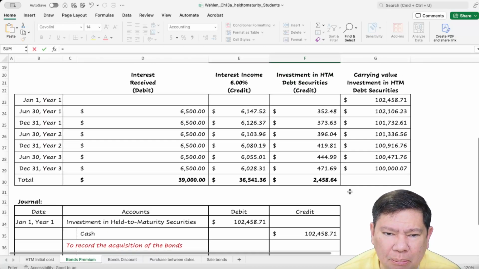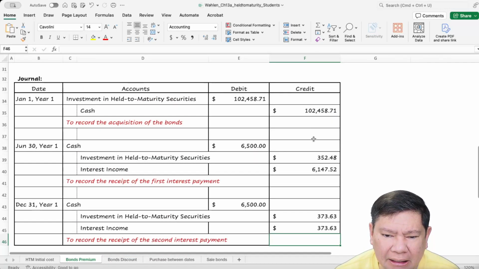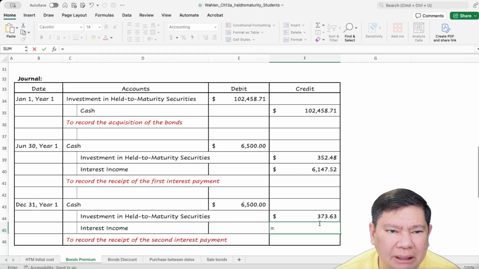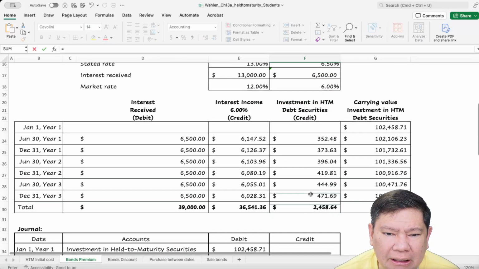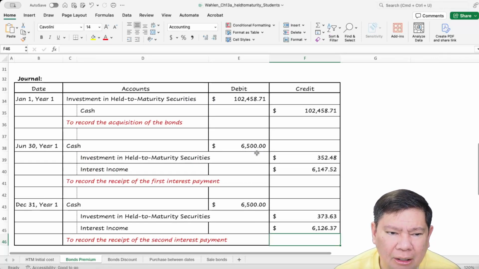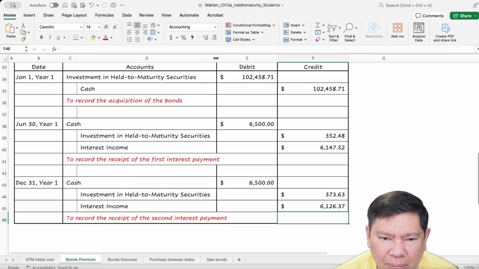But if you already prepared the amortization table, it's already calculated for you. Oops, we're doing the interest income, my mistake. Go to interest income. On the second one, 6,126.37. Okay, so that's how we prepare the journal entry for the second interest payment.